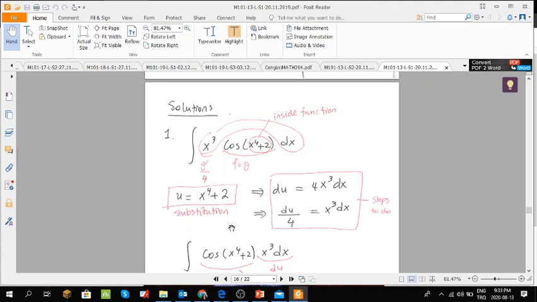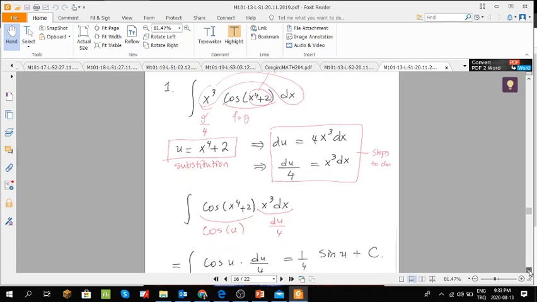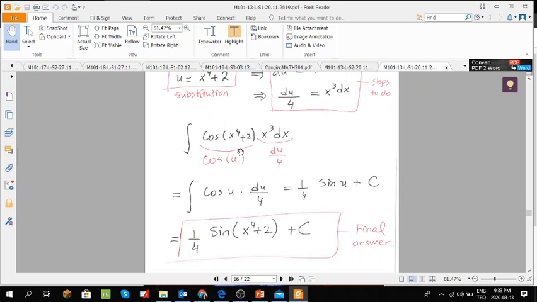So as our substitution says, u is equal to x to the 4 plus 2, du is 4x cubed dx, and du over 4 is x cubed dx. These are the steps that you have to do. Then we substitute what we have here. As you see, x to the 4 plus 2 is u, so we get cosine u times du over 4.